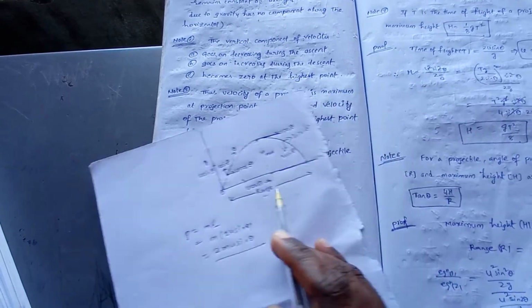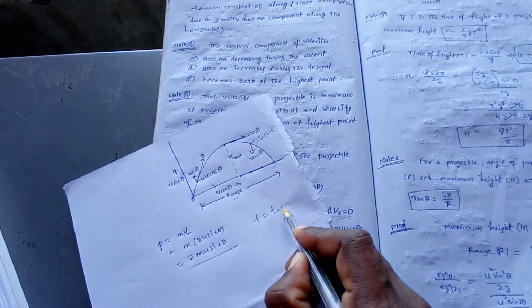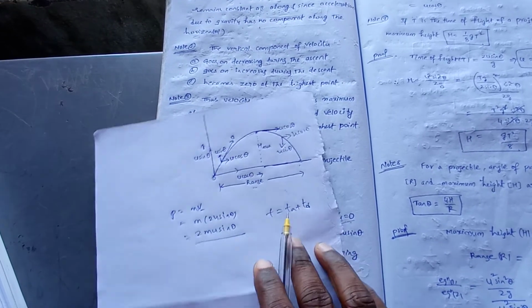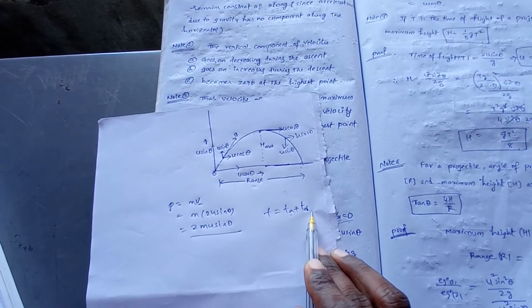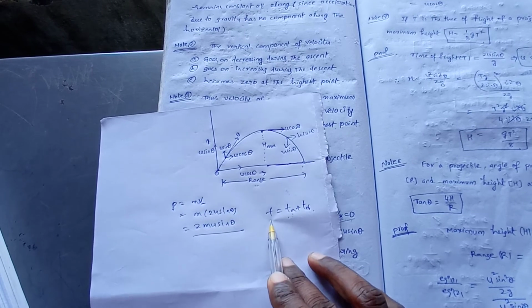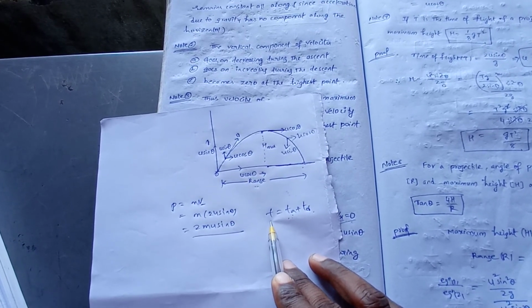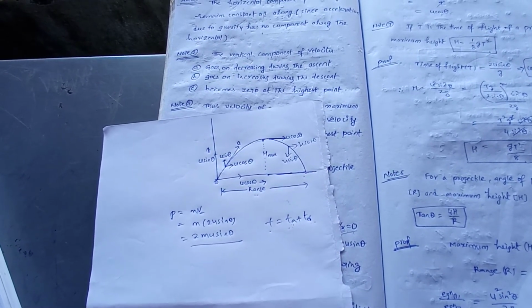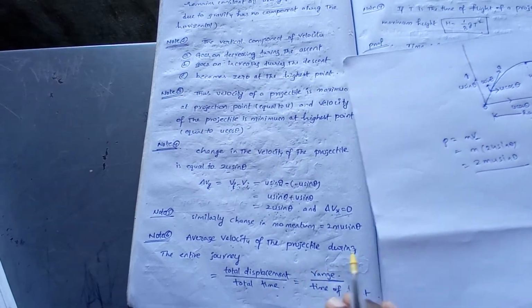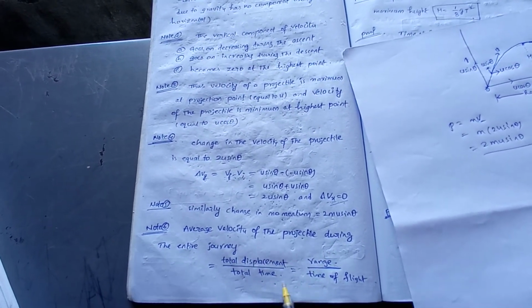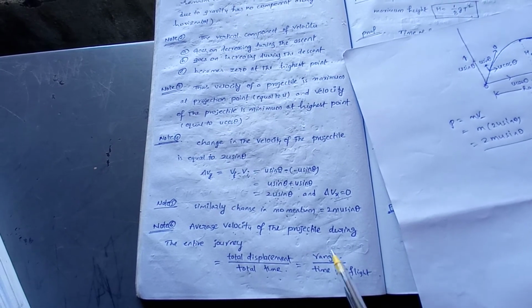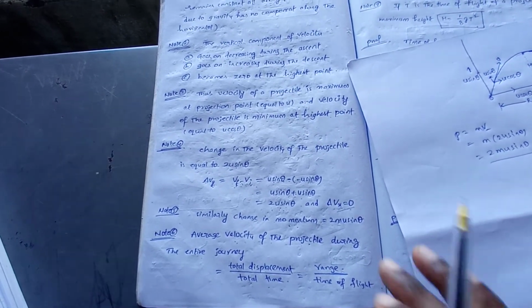So total time T is equal to TA plus TD. TA means time of ascent, TD is time of descent. If we add these two, we get time of flight, total time. So total time is equal to time of flight, and average velocity is range by time of flight.